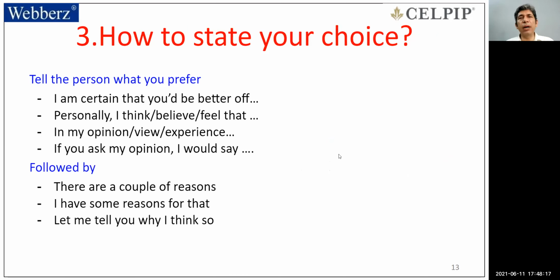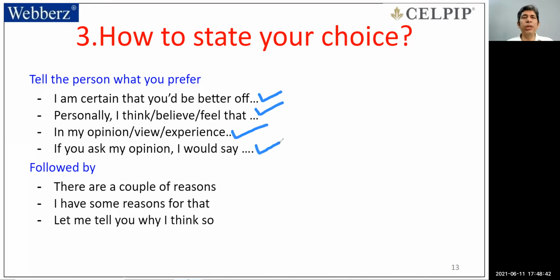So in the third part, I have to state my choice. Tell the person what you prefer. You can start with a lot of options, but you have to choose just one option. That is more than enough for you. So how do we handle this? I'm certain that you'd be better off. Personally, I think, I believe, I feel that. In my opinion, in my view, in my experience.